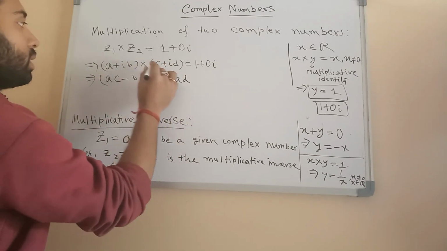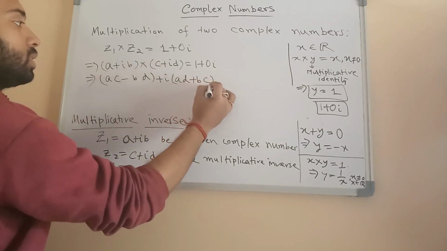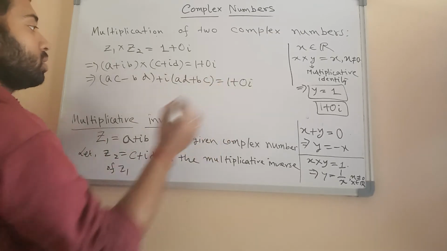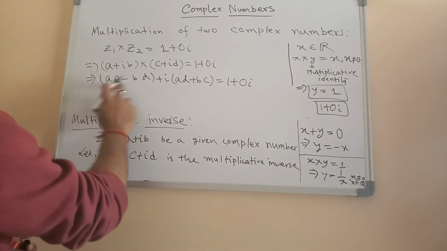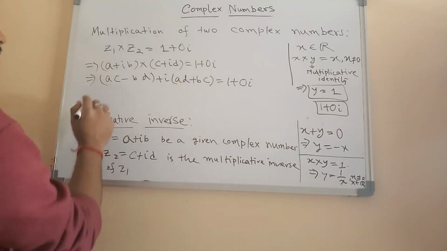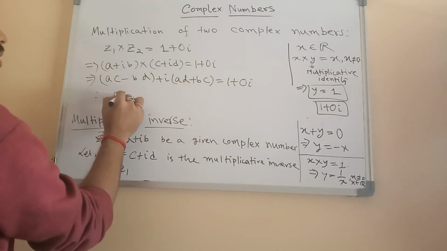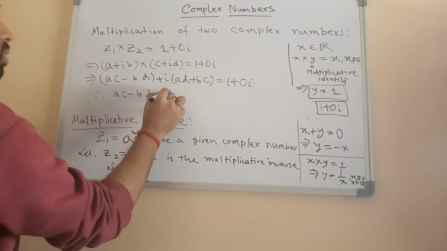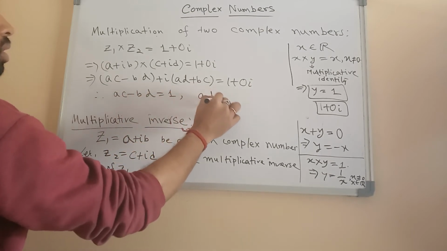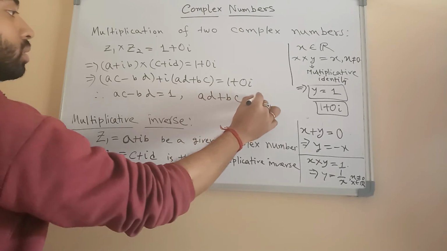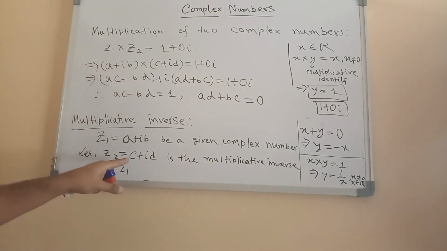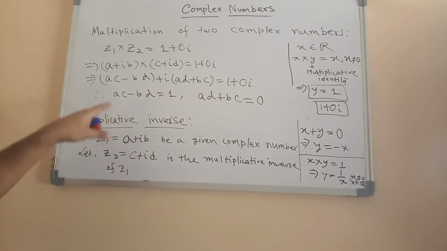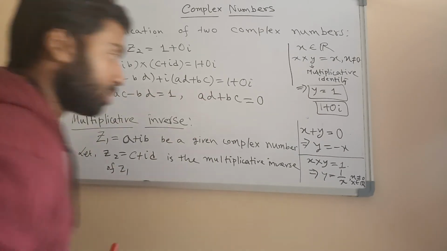This is AD plus BC equals to 1 plus 0i. So equating two complex numbers by equating their corresponding real parts and imaginary parts, this is 1, this is 0.